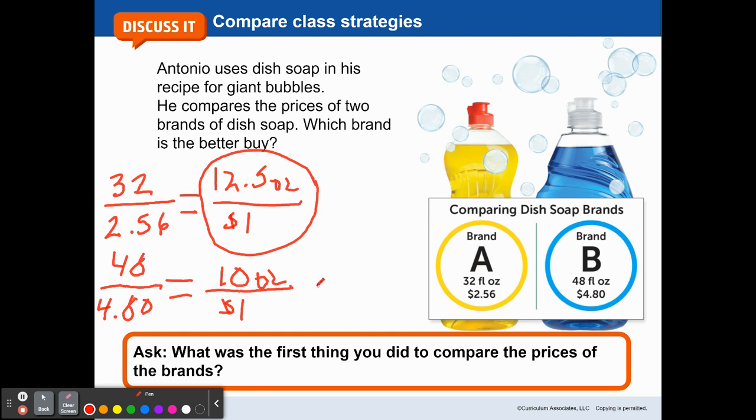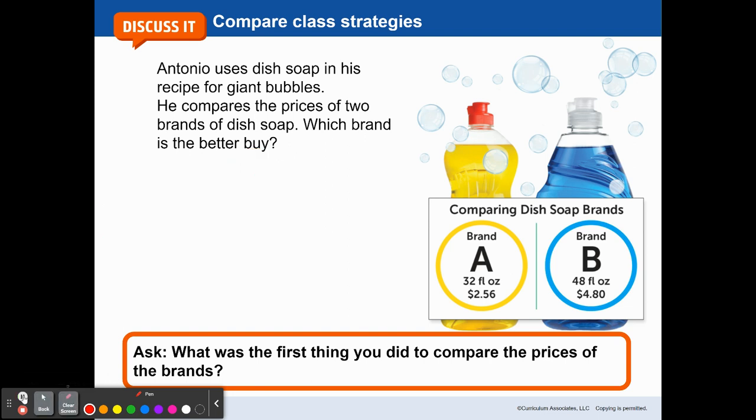So that's if you did it per dollar. Let's say that you did it per ounce. If I did this per ounce, then I would have to swap. I have to do dollars per ounce, right?